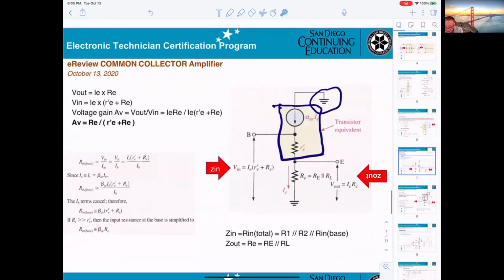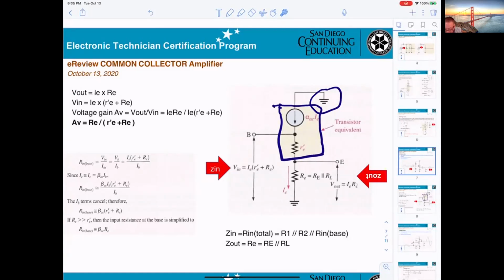So in here, they do the calculation for you. They get the output impedance using R small e. Normally you see they use lower case for AC, upper case for DC.